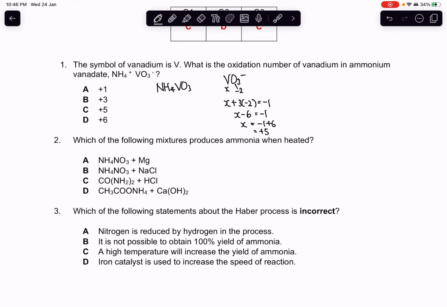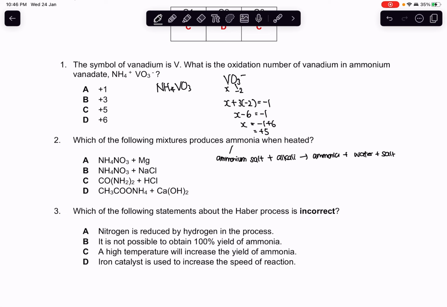Okay, next, which of the following mixtures produces ammonia when heated? The only reaction that you learned that produces ammonia is ammonium salt plus alkali, which gives you ammonia plus water plus salt. Only this reaction that you have learned, I mean, apart from the Haber process.